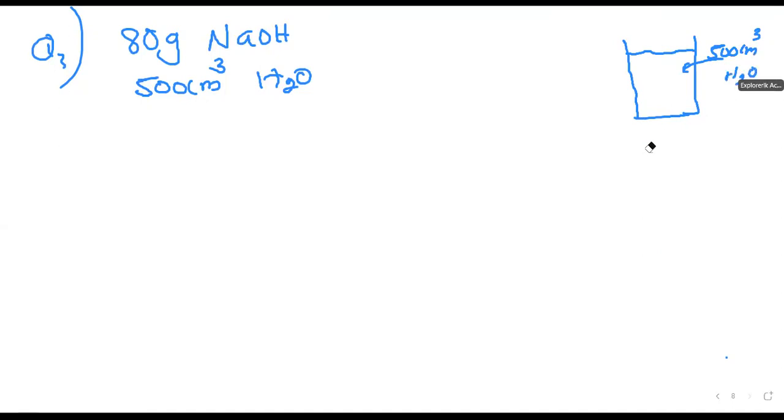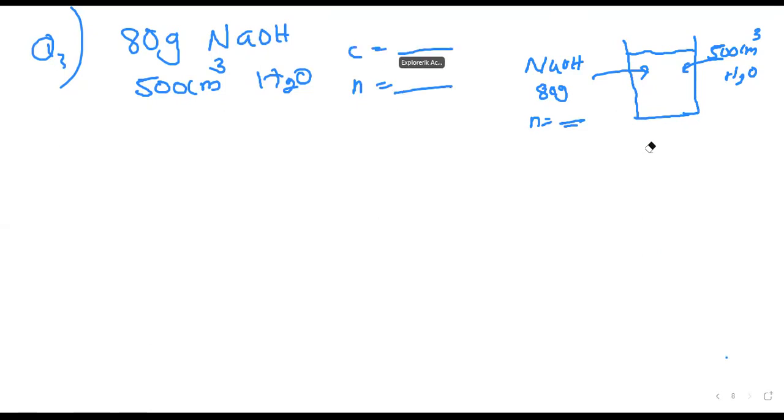And then I've given you sodium hydroxide, NaOH, that is actually 80 grams. I don't know the number of moles of sodium hydroxide used here. They ask us for the concentration, which I don't know. The number of moles, of course, I can find out.